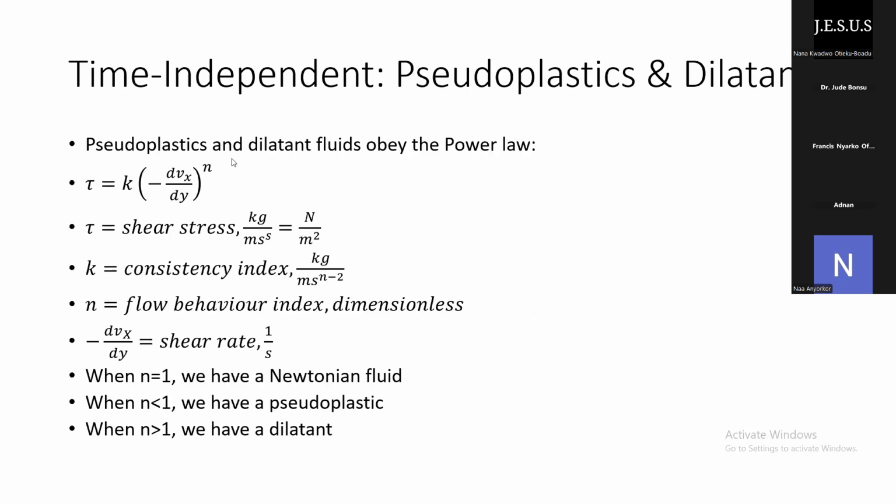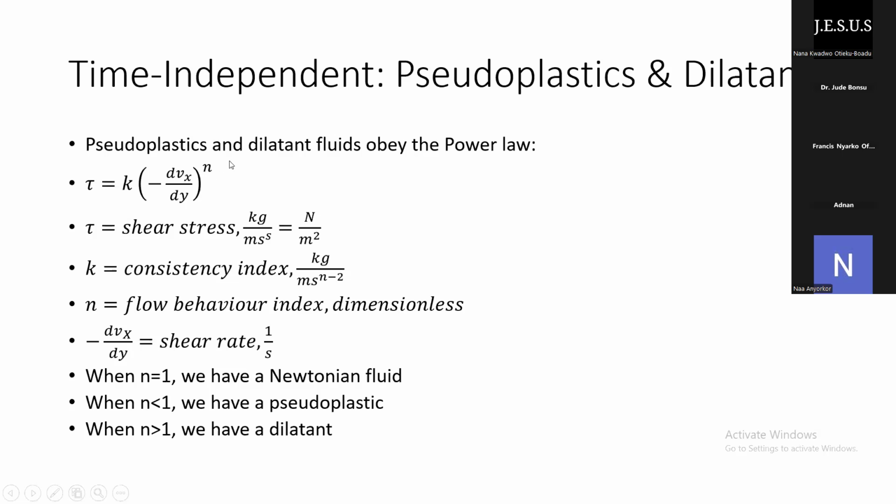Now, still under the time-independent fluids, you have the pseudoplastics and the dilatant. We actually merge these two because they are opposites. The pseudoplastic and the dilatant both obey the same law, which is called the power law. The power law is tau equals k multiplied by the shear rate to the power n.